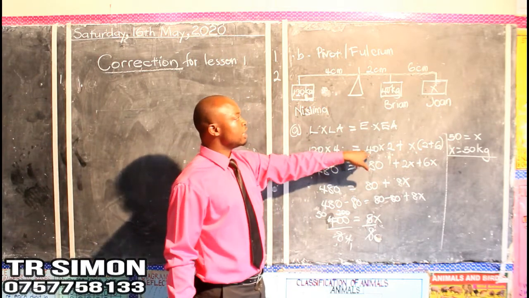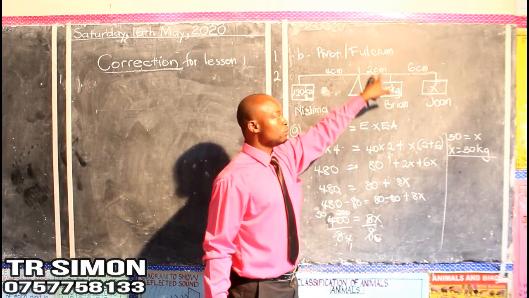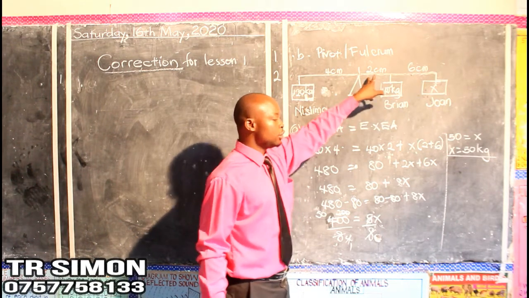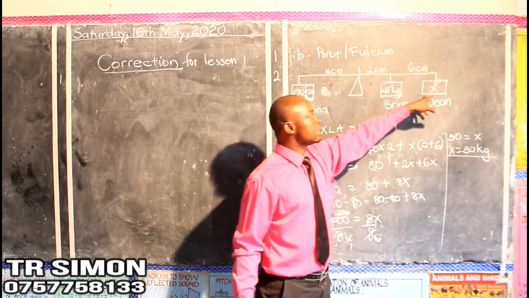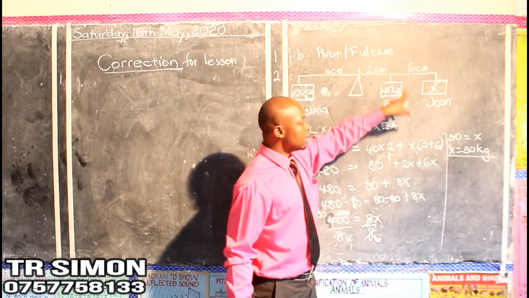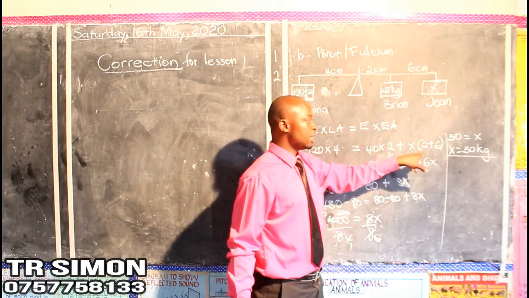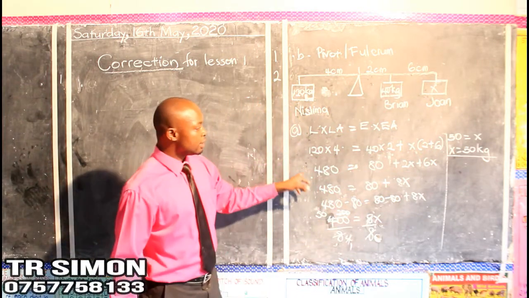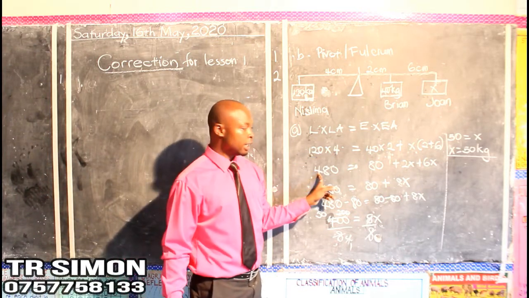We're going to say 40 times 2 for Brian, the force and then the distance. While for Joan, we have got X, and therefore we shall put the distances A and B in the brackets to get X. So we shall say 120 times 4 is going to give us 480.